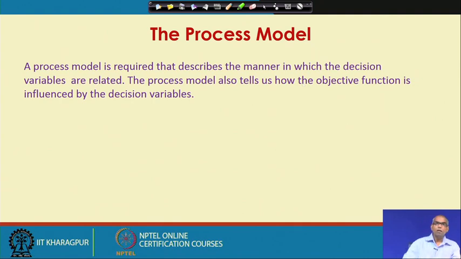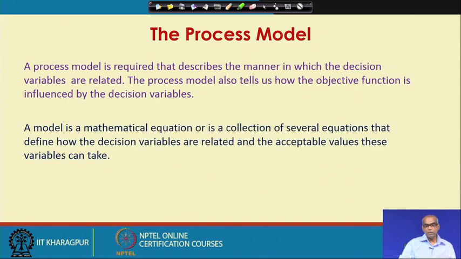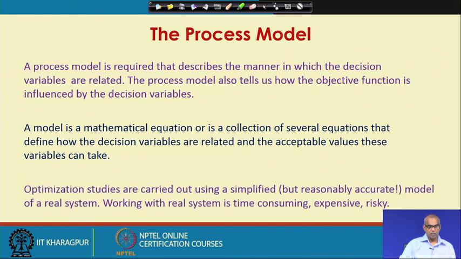The process model. A process model is required that describes the manner in which the decision variables are related. The process model also tells us how the objective function is influenced by the decision variables. A model is a mathematical equation or a collection of several equations that define how the decision variables are related and the acceptable values these variables can take.